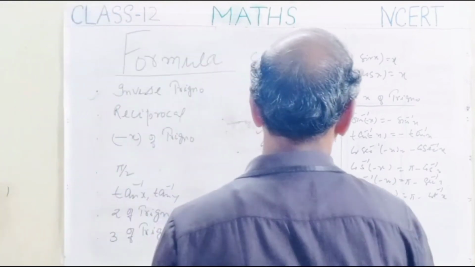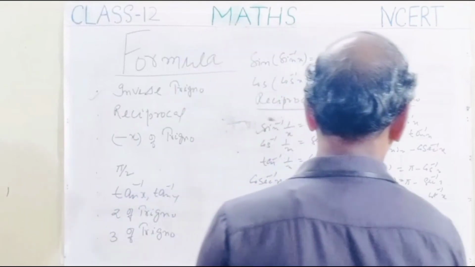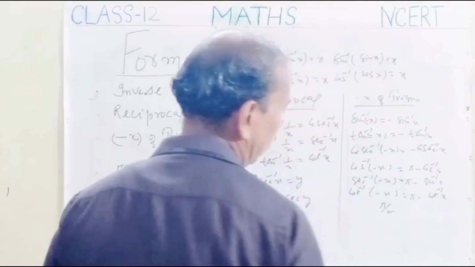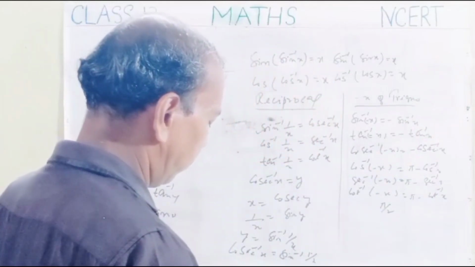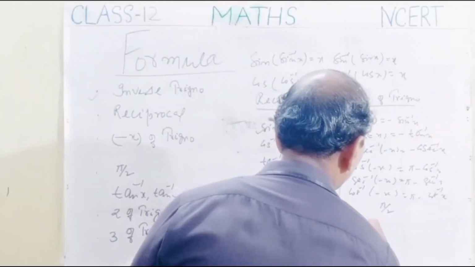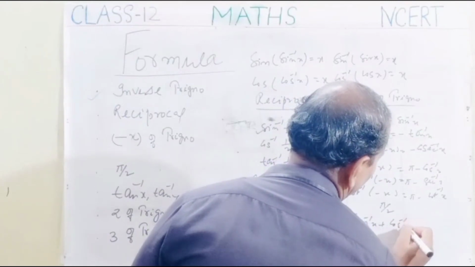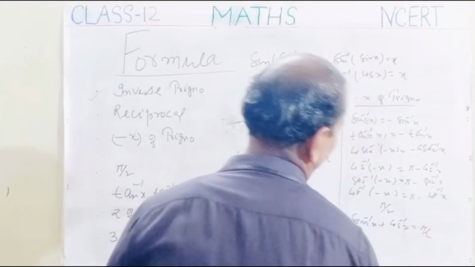Now there is the pi by 2. So for the pi by 2 case, there are 3 cases. In the first one, you have sine inverse x plus cos inverse x is equal to pi by 2.